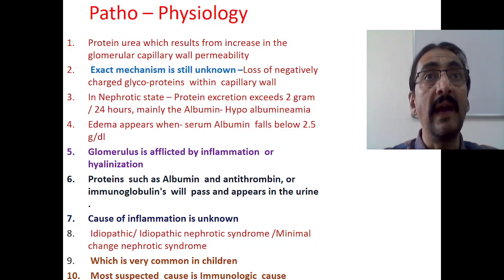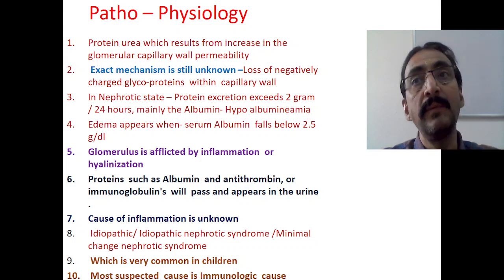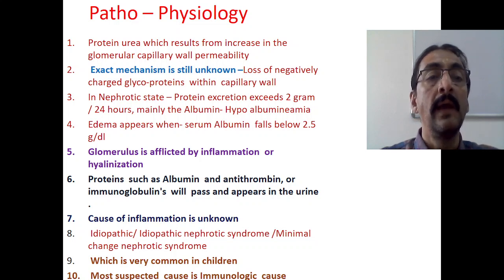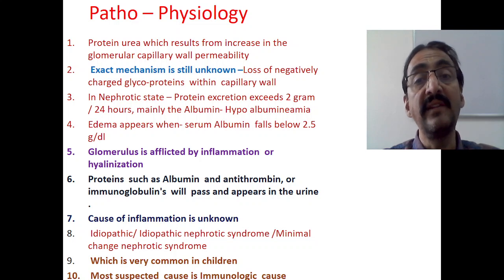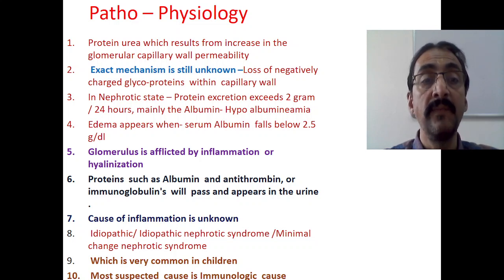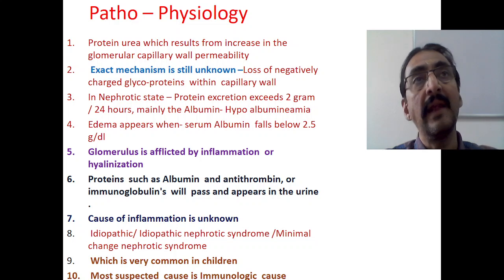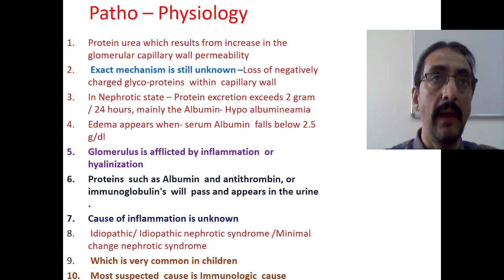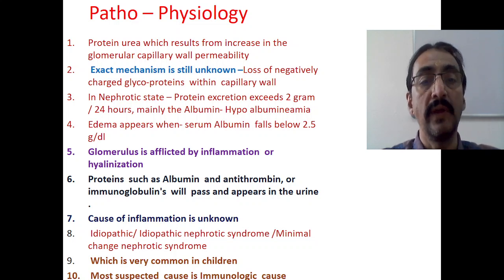Because albumin size is less than 40,000, the chance of albumin going out is more. That causes hypoalbuminemia in the blood and proteinuria, albuminuria in the urine.